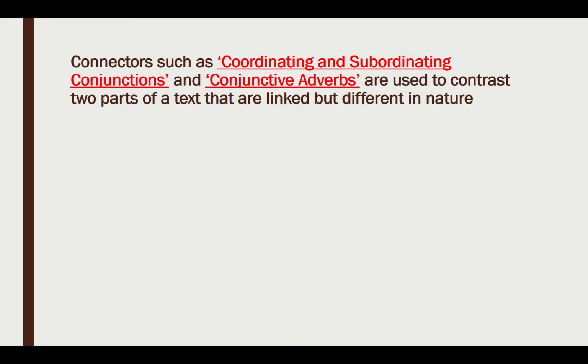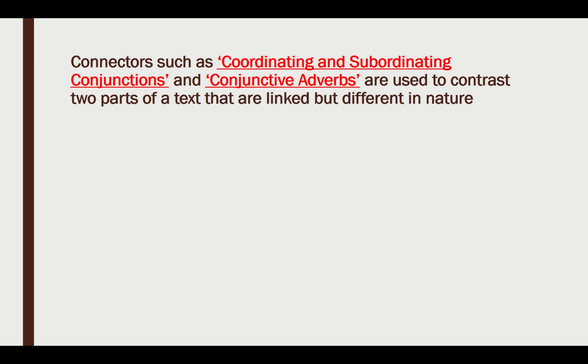Now, let's look at the coordinating and subordinating conjunctions as well as conjunctive adverbs. Basically, these two types of words are used to show contrast, which are linked but different in nature.